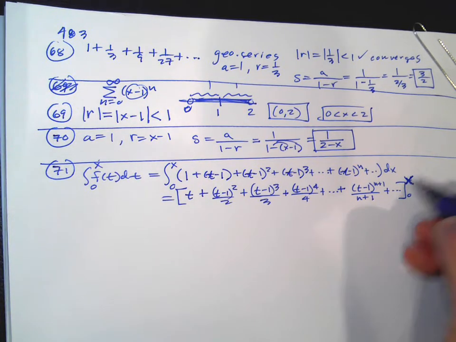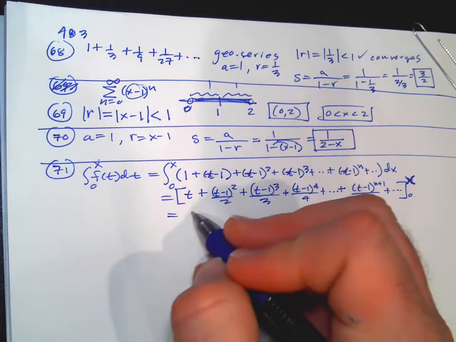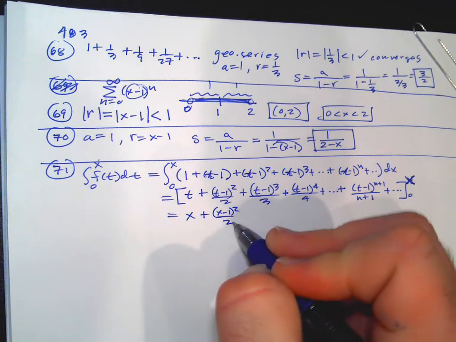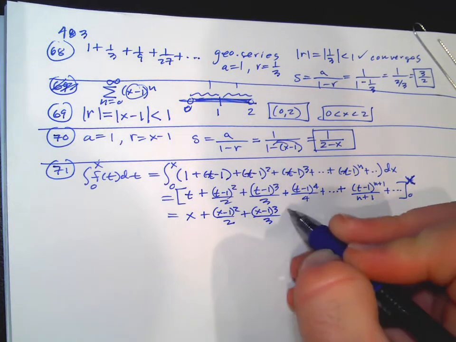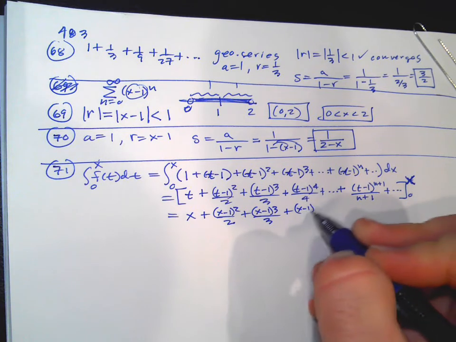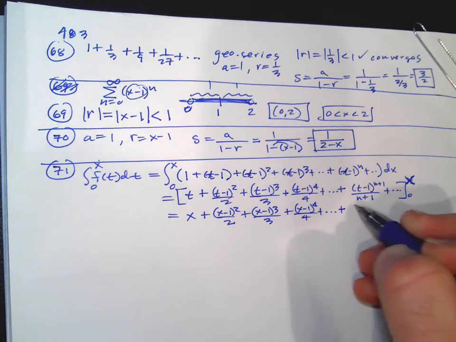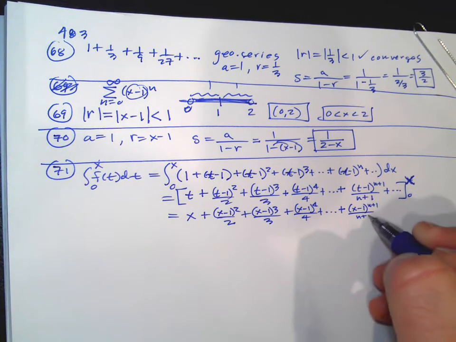So if you plug x in, you get x plus x minus 1 squared plus x minus 1 cubed plus x minus 1 to the fourth, x minus 1 to the n plus 1 over n plus 1 plus dot, dot, dot.